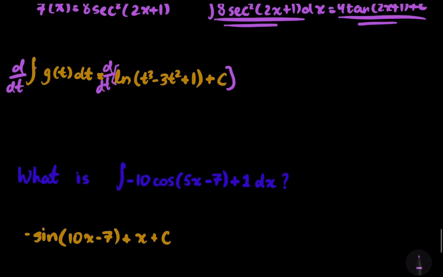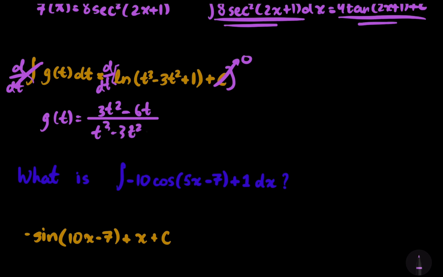Again, you can think of these two canceling out. You'll be left with g of t equal to, since this plus c will go to 0, the derivative of the natural log of t cubed minus 3t squared plus 1. Using the chain rule in your head, you should end up with 3t squared minus 6t over t cubed minus 3t squared plus 1.